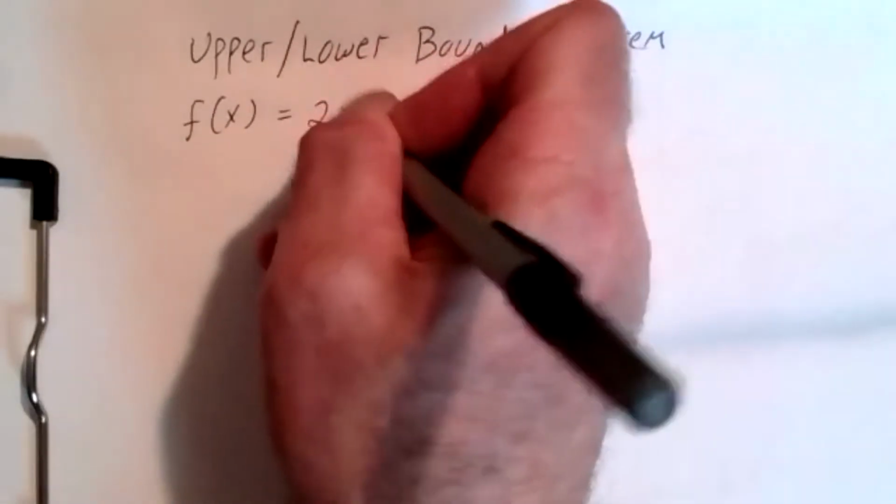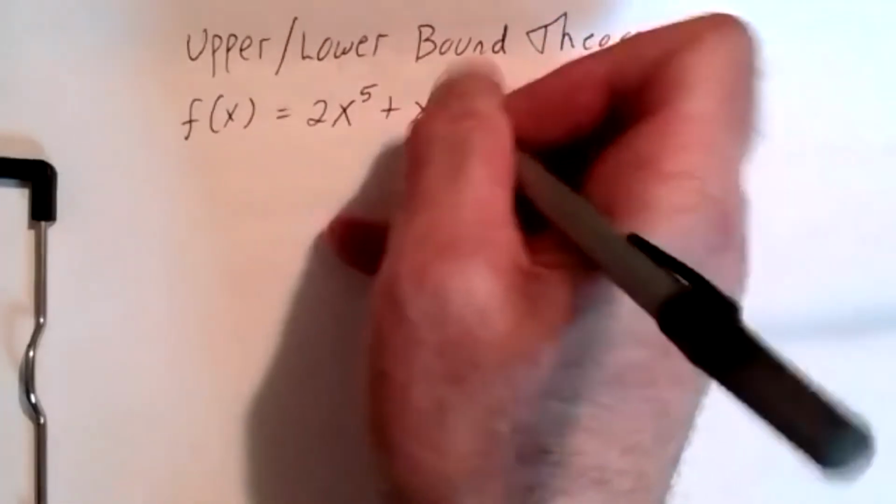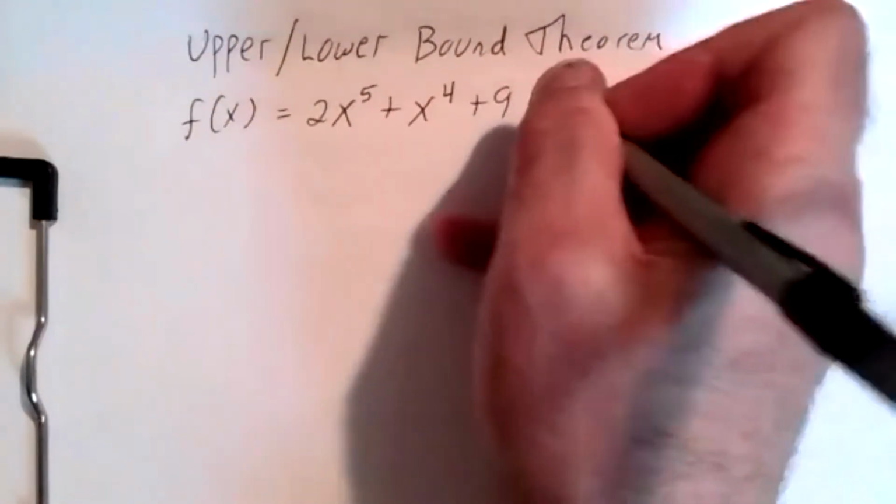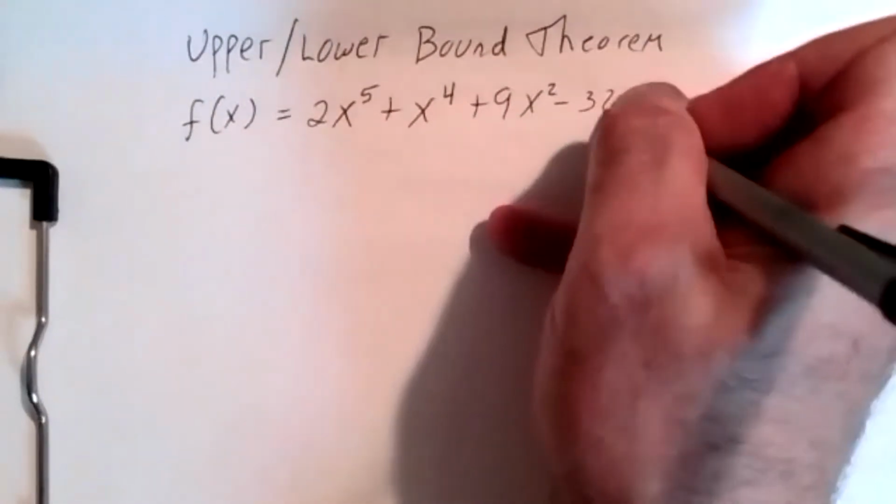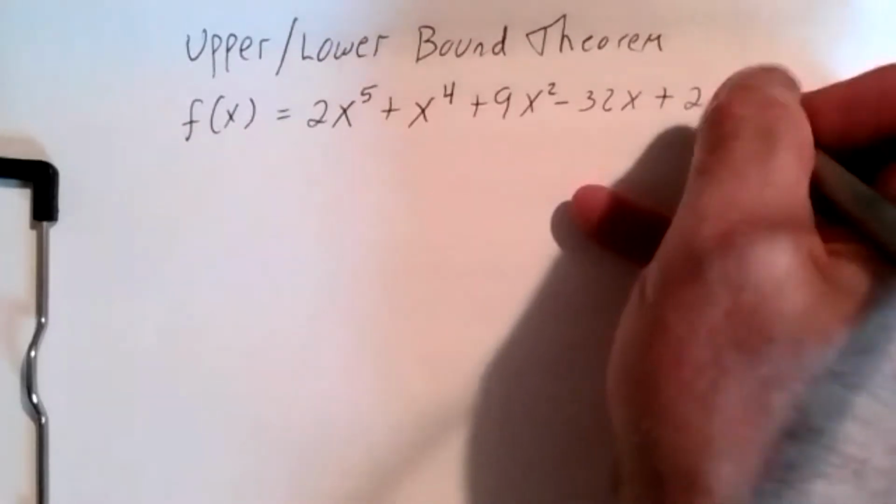Suppose we have this polynomial function f of x is equal to 2x to the 5th plus x to the 4th plus 9x squared minus 32x plus 20. Okay.